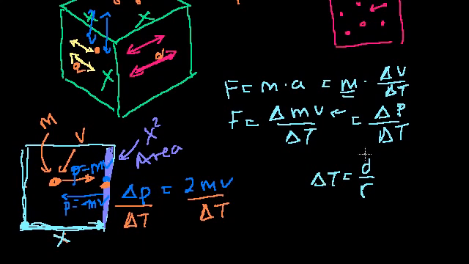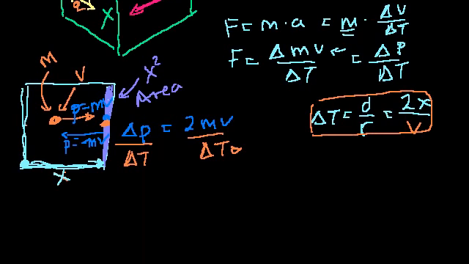This is just our basic motion formula. So our delta t, the distance we have to travel back and forth, is 2x, divided by our rate, which is our velocity v. So this is our delta t right here.